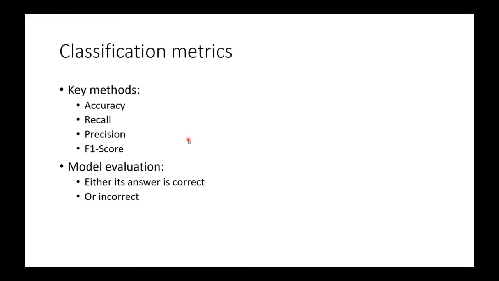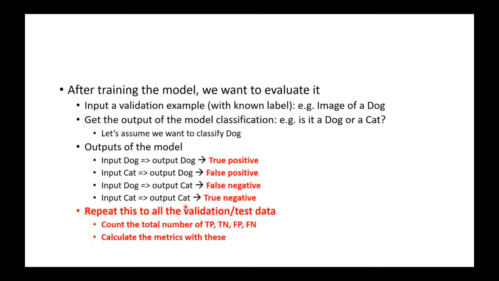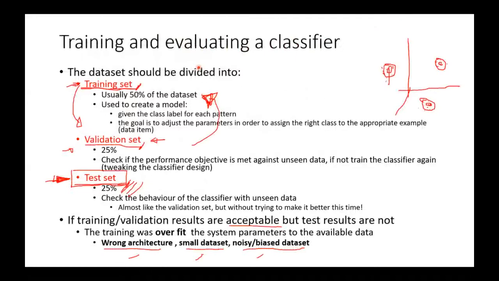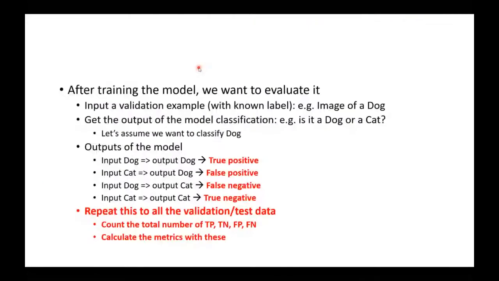So the classifier said yes or no. It's a yes/no question, right? The yes answer that the classifier gave could be either correct or incorrect. After training the model, we want to evaluate it. Let's assume we have labels, that we have supervised learning here.